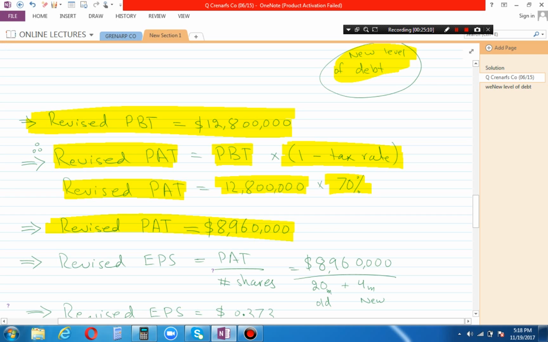And then we have to calculate your revised EPS, and your profit after tax is 8.96 million divided by the number of shares.